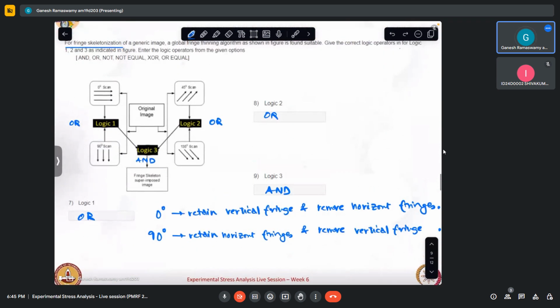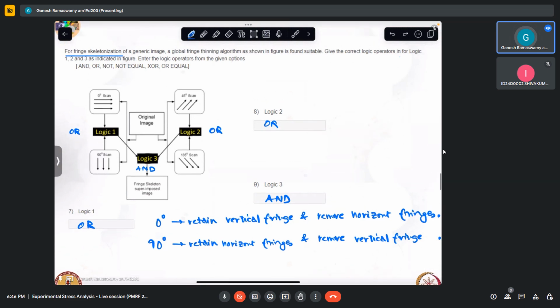This has been tested and papers have also been published on this. So for more details you can refer to the lecture, where the output of the fringe thinning algorithm is also discussed in detail. So I hope this is clear.